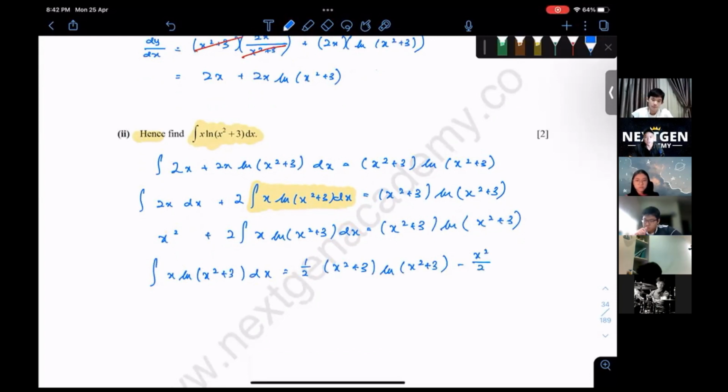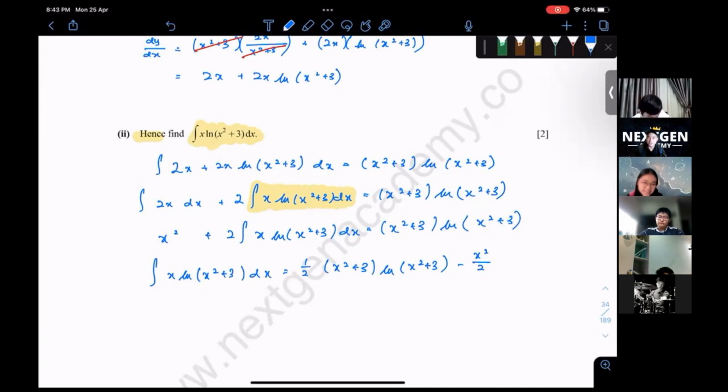Okay, Wei Zheng asks, do I need to write plus c? Okay, what do the rest of you think? Do I need to write a plus C here? Don't need. Ben say don't need. The rest of you, do you think need?